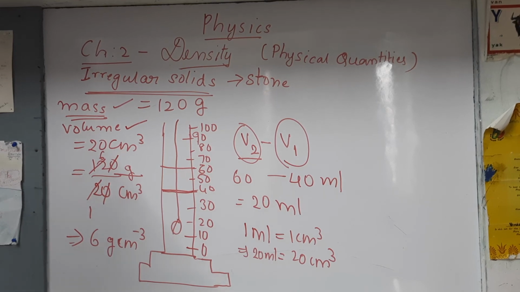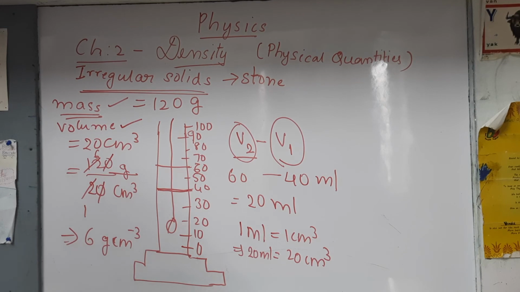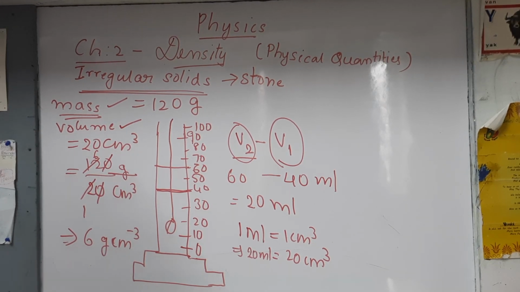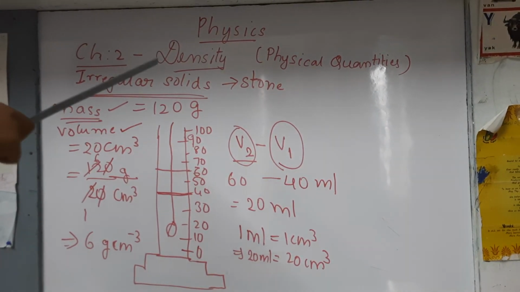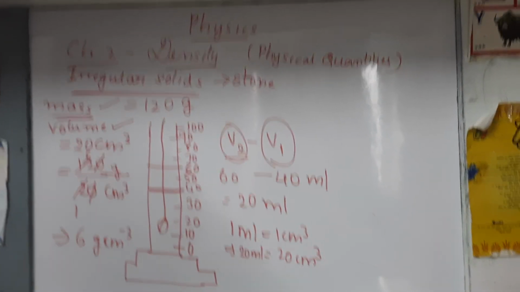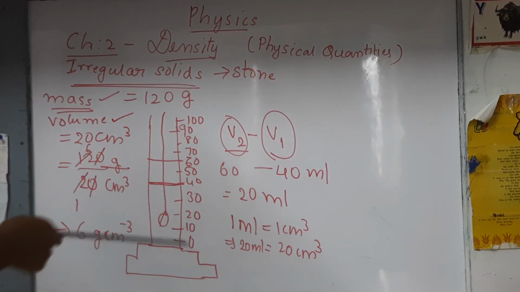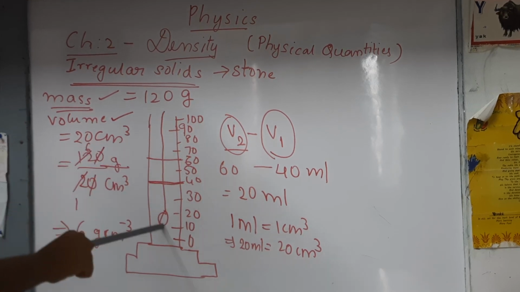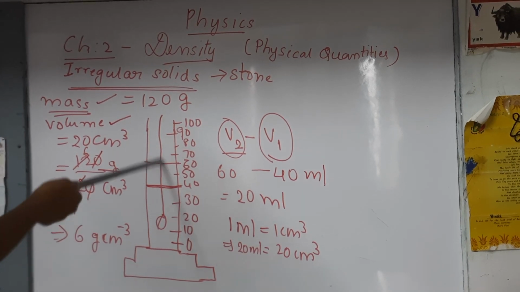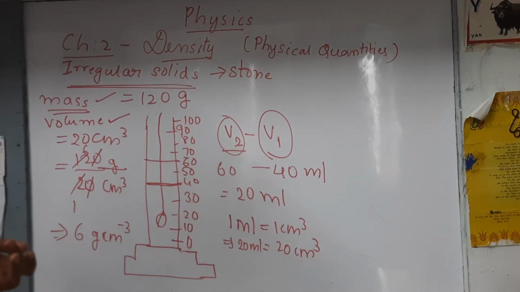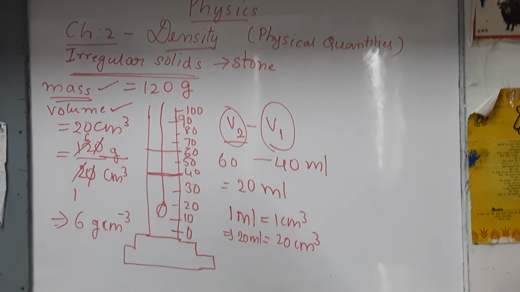This is how you find the density of irregular solids. Let me repeat it. First you find the mass using the physical balance, which is 120 grams. Then I found the volume using a measuring cylinder. I pour 40 ml of water into it, which is my initial level. I place a stone tied to a thread. This method is called the displacement method.